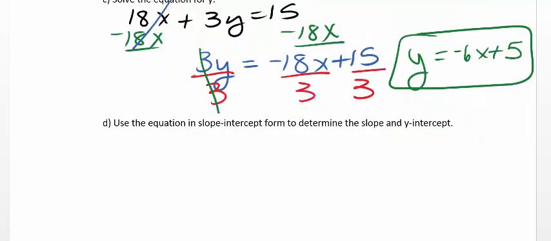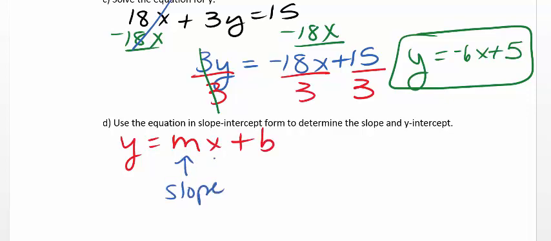In part D, we want to use the equation we found in C that's in slope-intercept form to determine the slope and y-intercept. Well, slope-intercept form looks like y equals mx plus b, where m is our slope and b is our y-intercept. So we can pull our slope out from this equation.